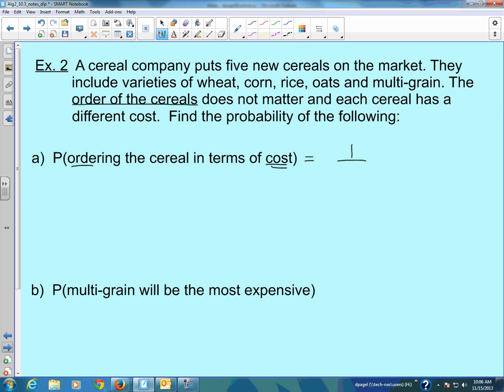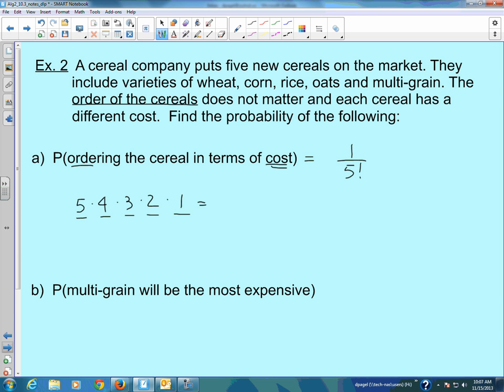Well, ordering my cereal could be 5 factorial ways, because again, here's a representation of each place for cereal. I could put 5 cereals in that first spot, 4, 3, 2, 1.